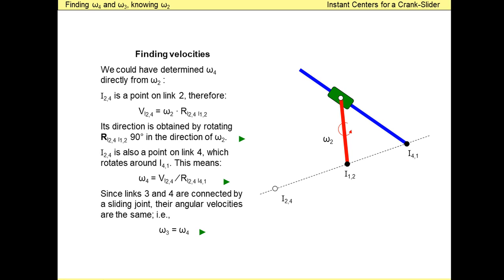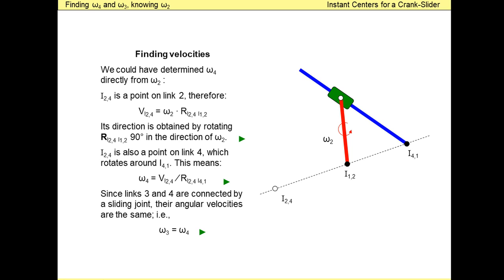Then the velocity of I24 is equal to omega 2 into the distance between I24 and I12, defined as R I24 and R I12, so that we can determine the velocity of I24.